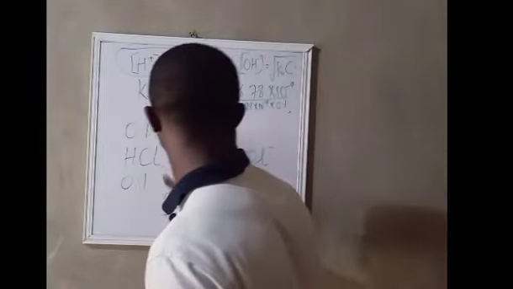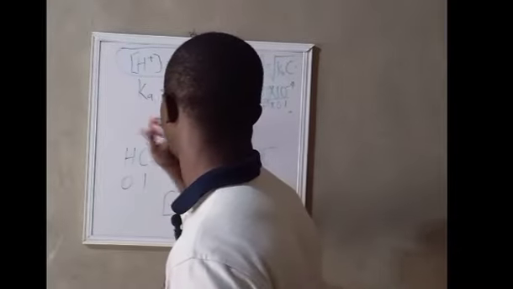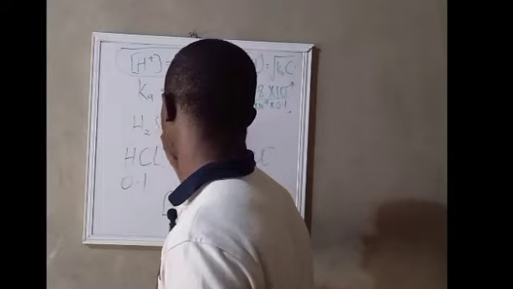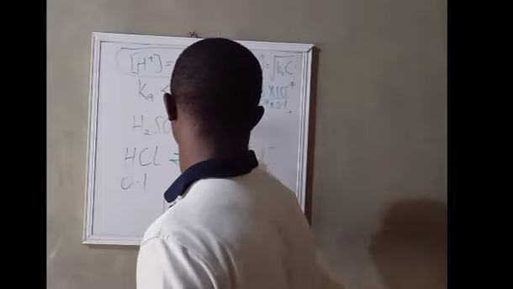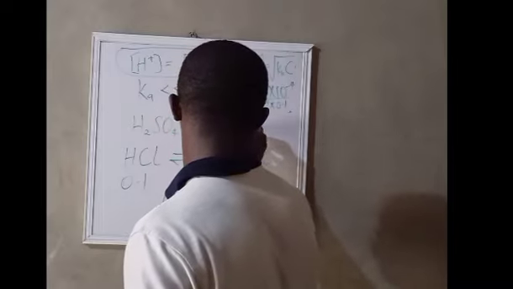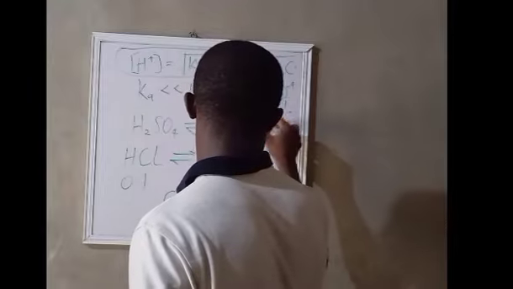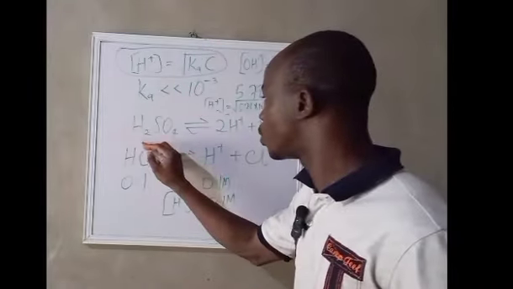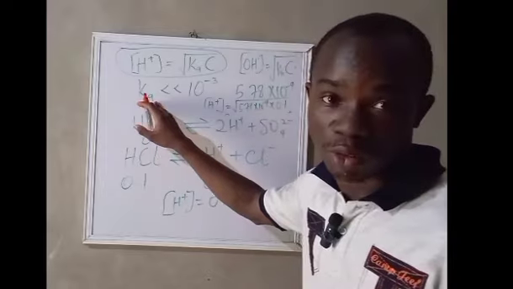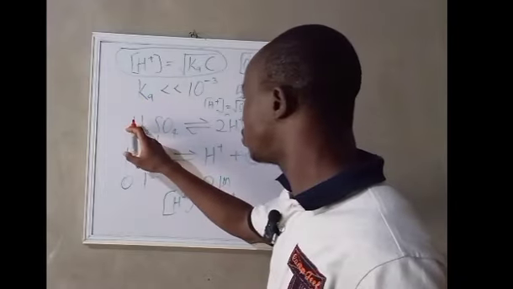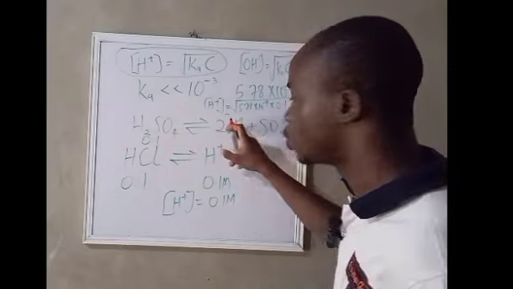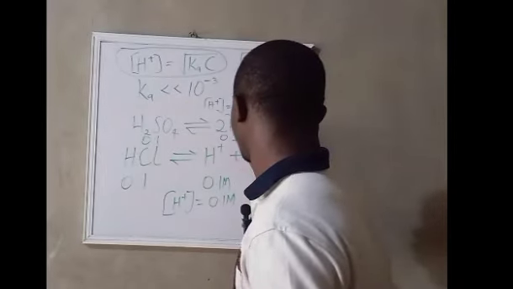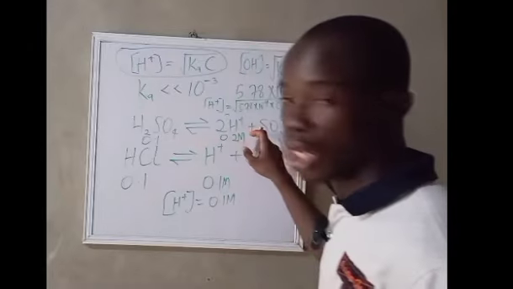But let's say we have 0.1 molar of H2SO4. It's a strong acid, so it gives us 2H+ and SO4 2-. From the balanced reaction, 1 mole of this produces 2 moles of H+. That means this will be 0.2 molar.